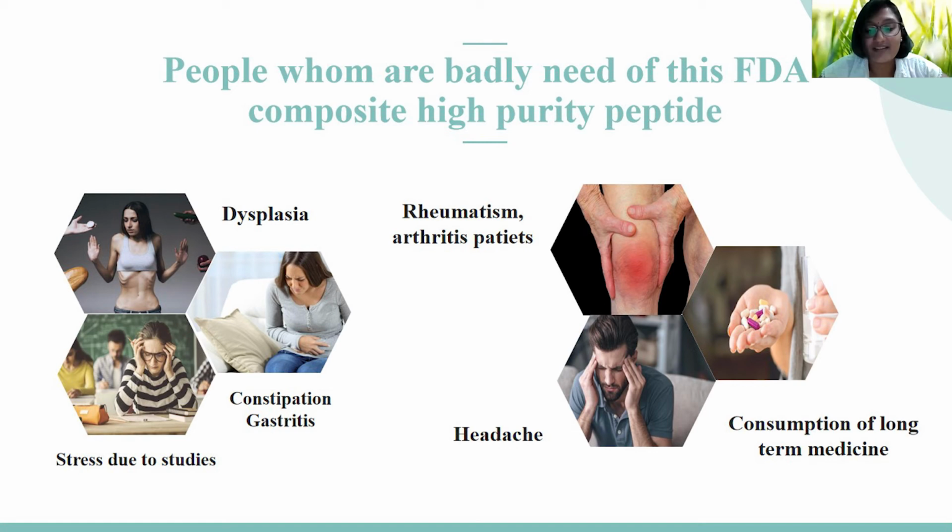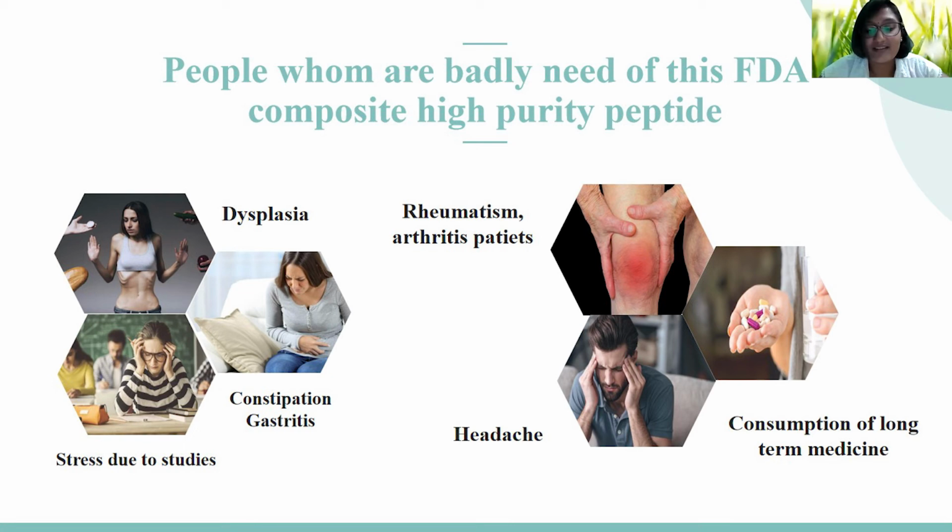Last but not least, sufficient brain cell peptide will help to have a good memory, activate the flexible brain, and keep away malignant lesions, tumors or carcinomas. So the people who actually need peptide are people who are in dysplasia.